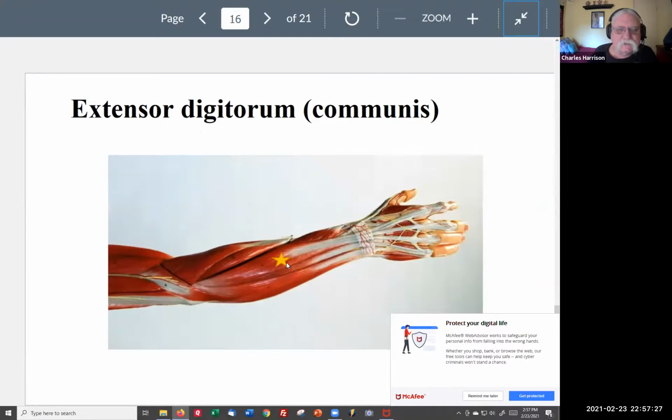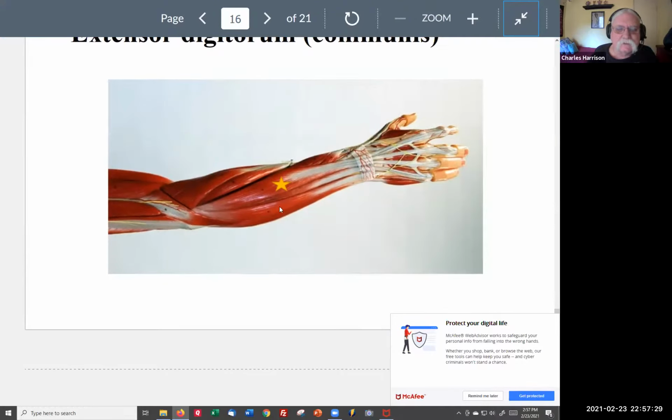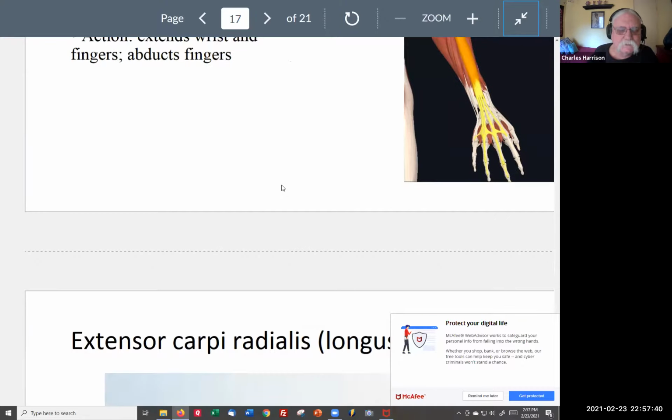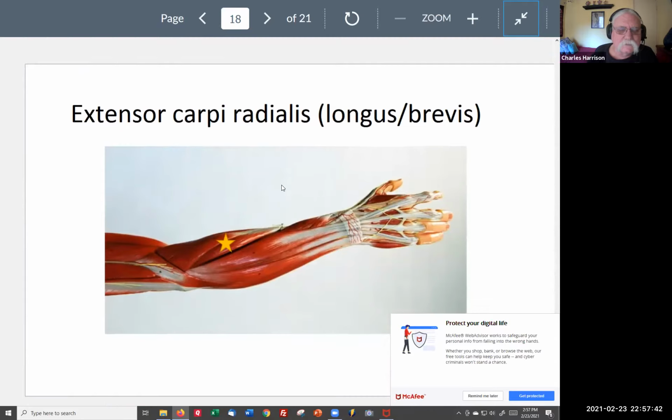Here's the extensor digitorum communis labeled. Okay. Here are the two muscles, here and here.